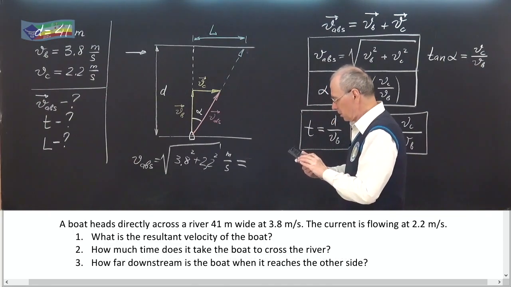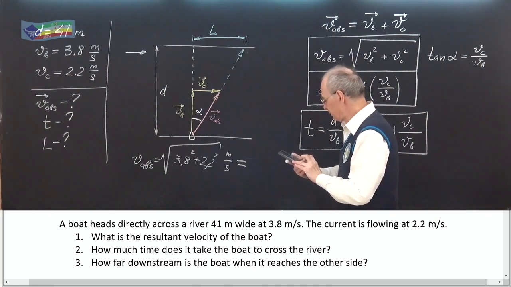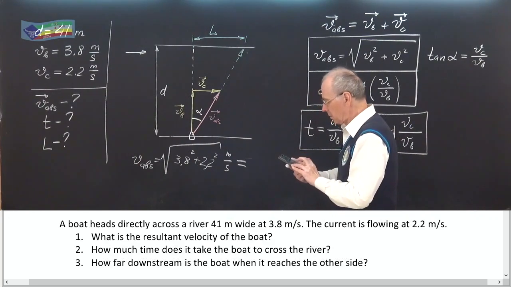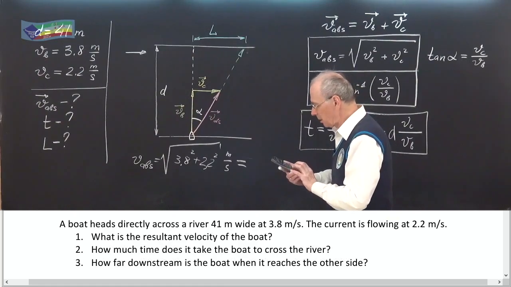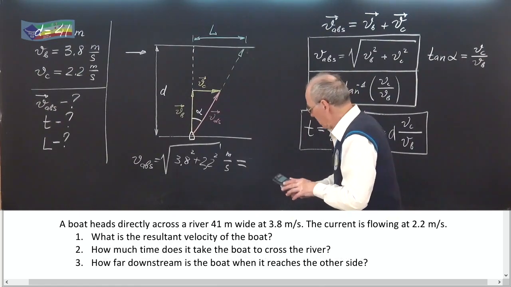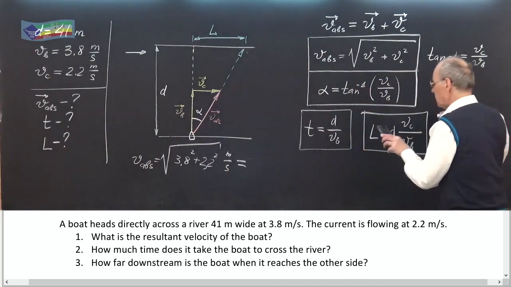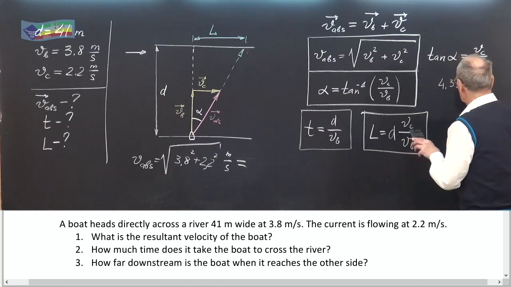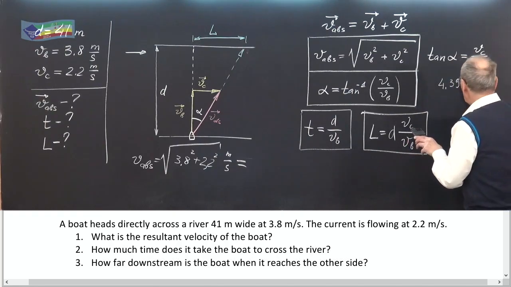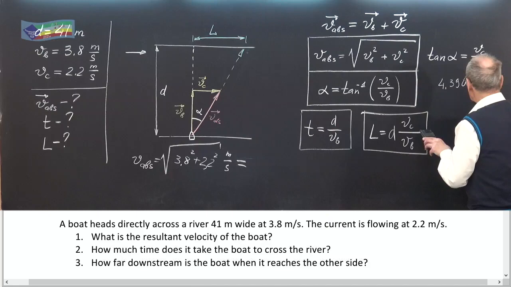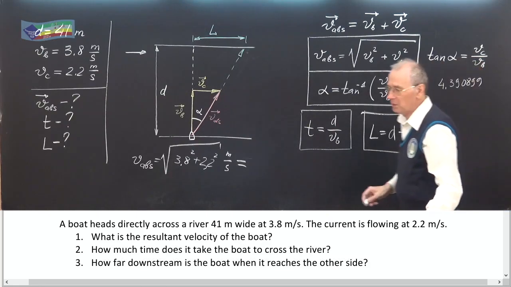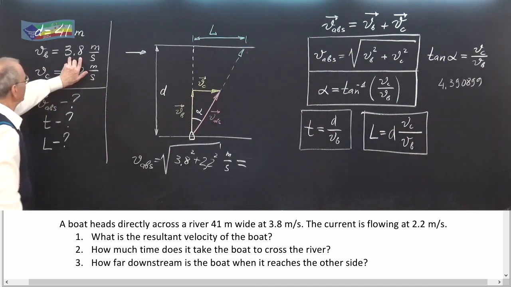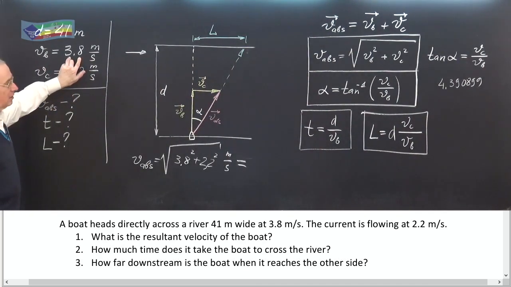We get 4.3908999 meters per second. But in the condition of the problem, we have two significant digits.